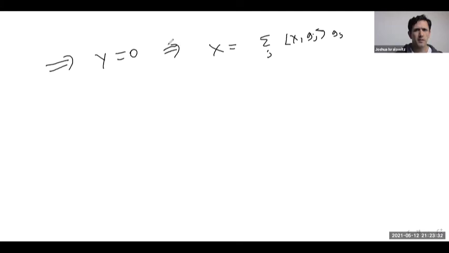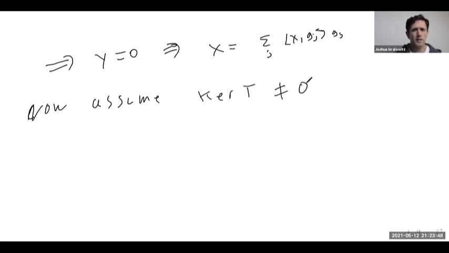All right, so the other case: assume that the kernel of T is not 0. For our purposes, that means lambda equals 0 is an eigenvalue.